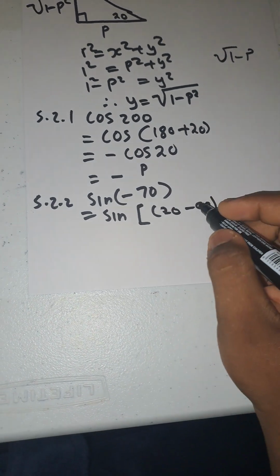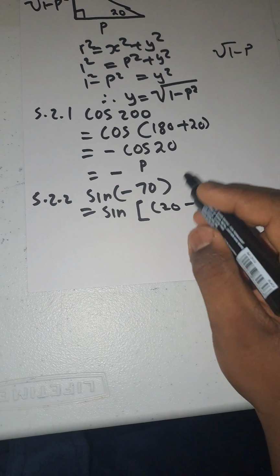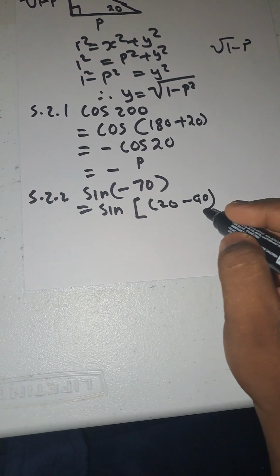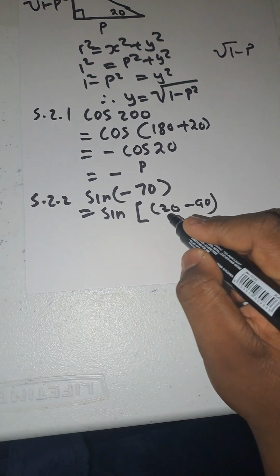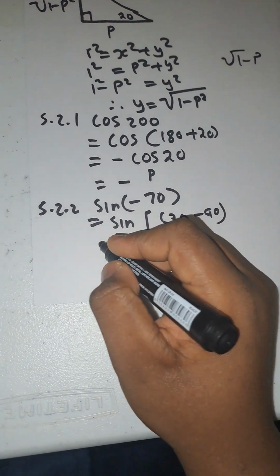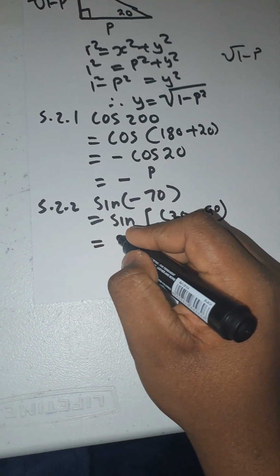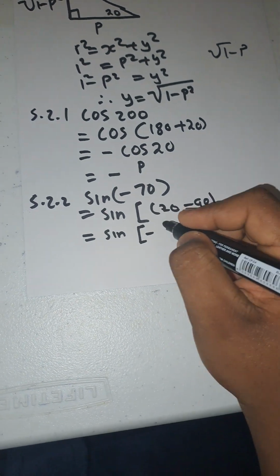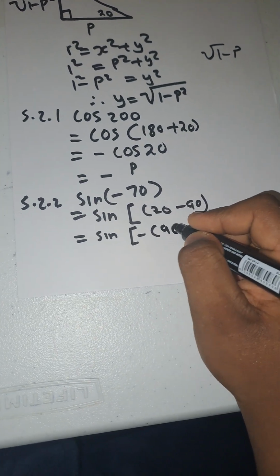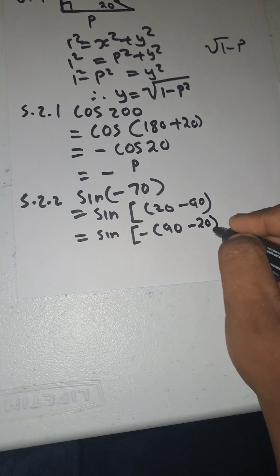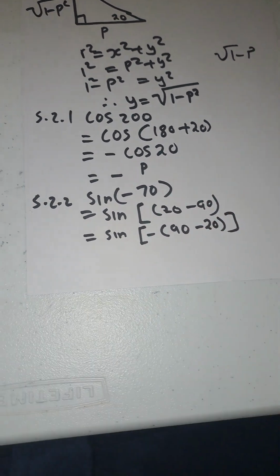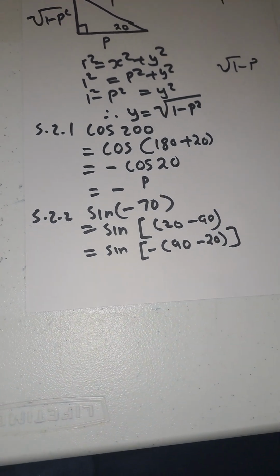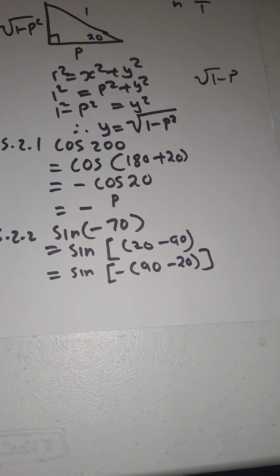But now, since this one is a special angle or a reduction angle, it must always come in front, because my theta is 20. So it is going to be equal to sine, and then I bring this negative sign in front. So it's going to be 90 minus 20. You see? That's why I simplify it, so that now I can say 90 minus theta.